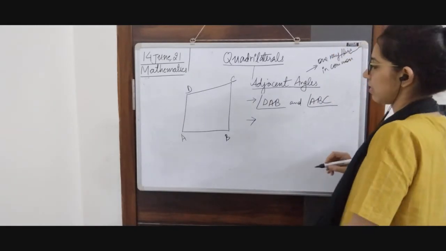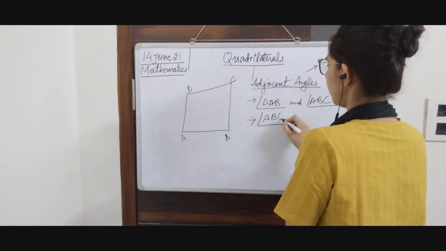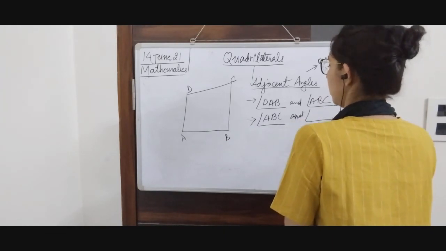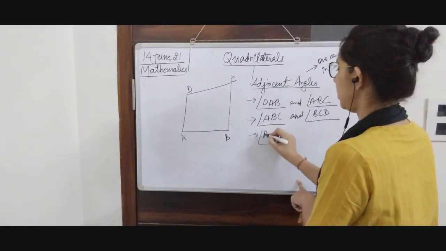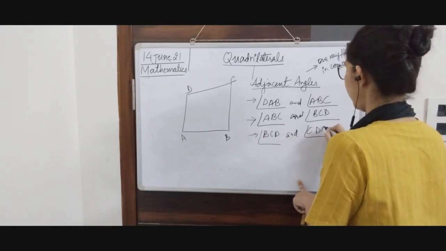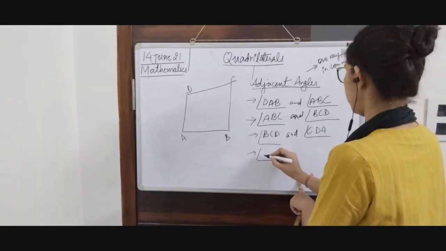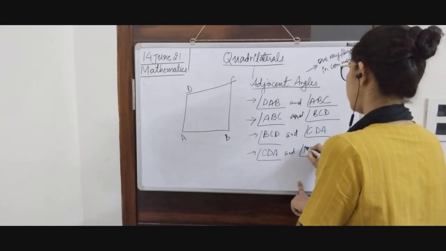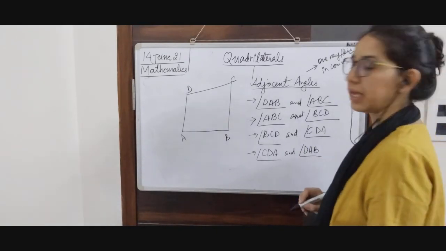Another pair of adjacent angles is ABC and BCD. Next pair is BCD and CDA. Next is CDA and DAB. These are the four pairs of adjacent angles.